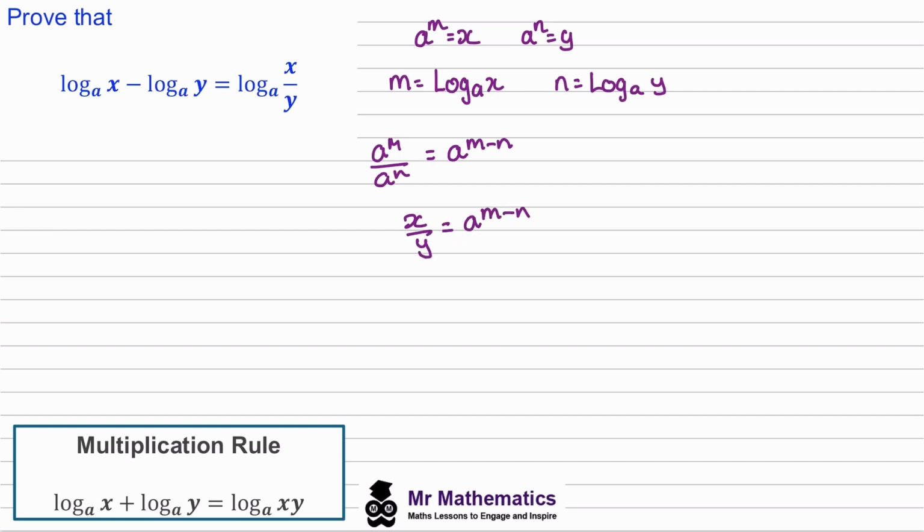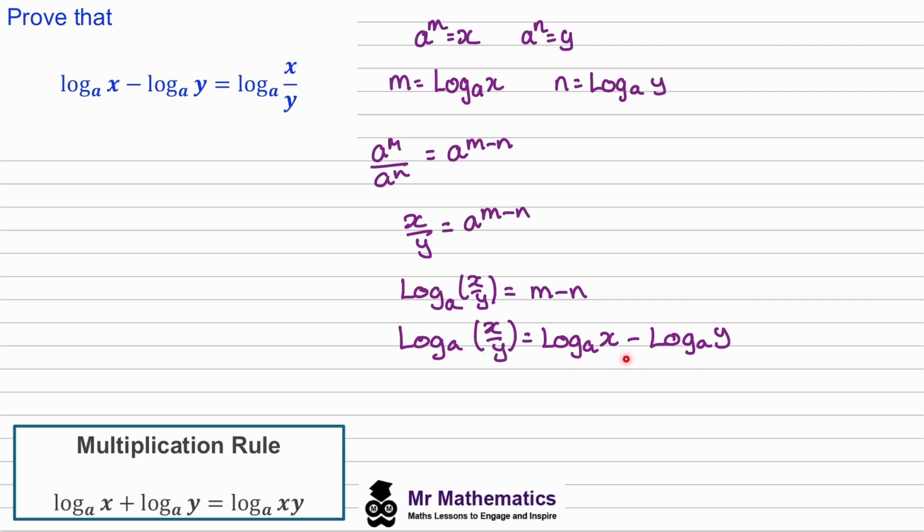So now we can write this in log form. We'll have the log of x over y to the base of a is equal to m minus n. And again, we can substitute this in for m and this in for n. So now we've got our division rule of logs, okay? In the next question, we're going to look at proving the power rule.